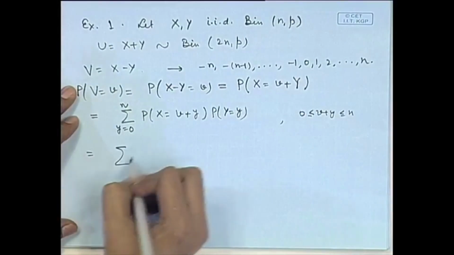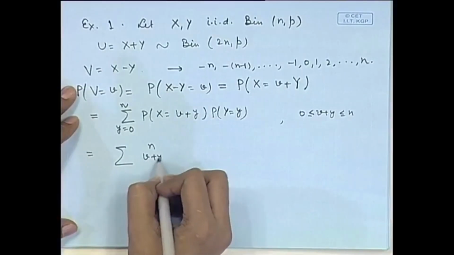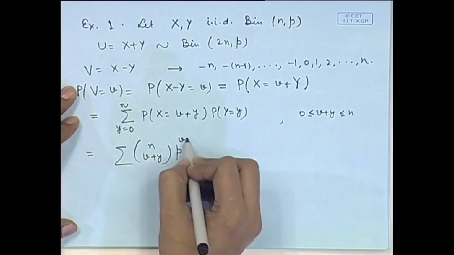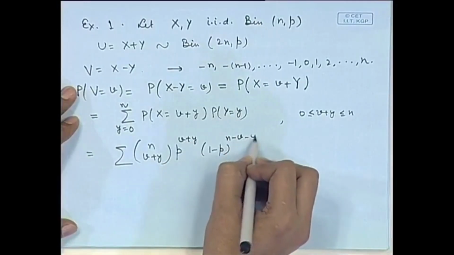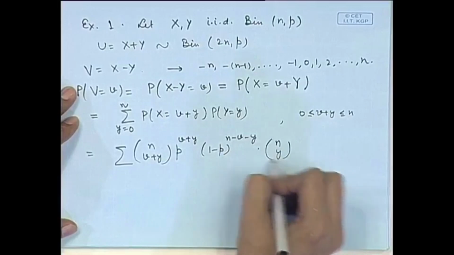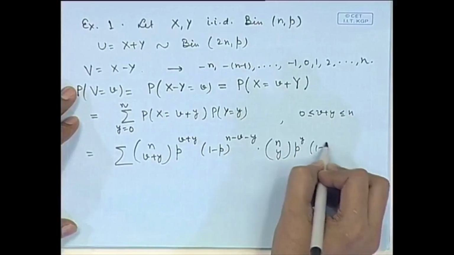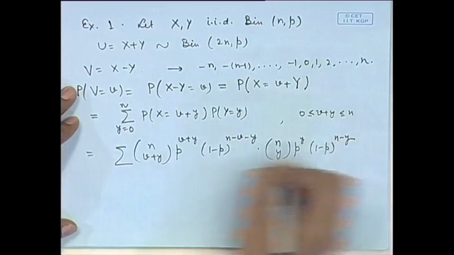So, this is equal to nC(v+y) p^(v+y) (1-p)^(n-v-y) times nCy p^y (1-p)^(n-y).